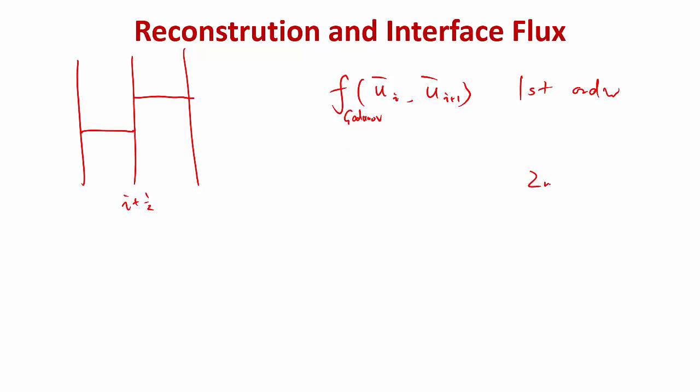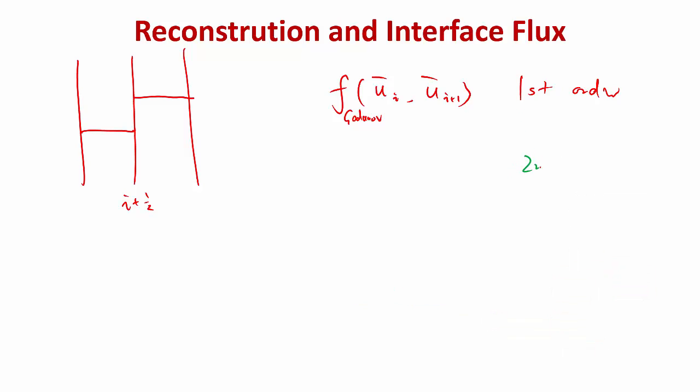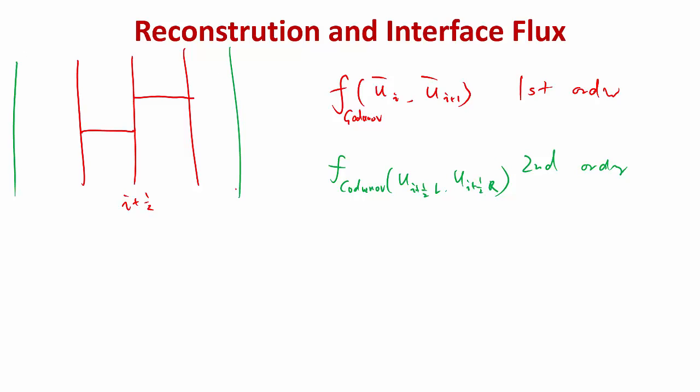And when we go to second order, let me use a different color, green, to represent second order. I'm going to apply exactly the same good enough scheme, but to the reconstructed u i plus half L and u i plus half R. And u i plus half L and R are reconstructed from the cell one more cell over.